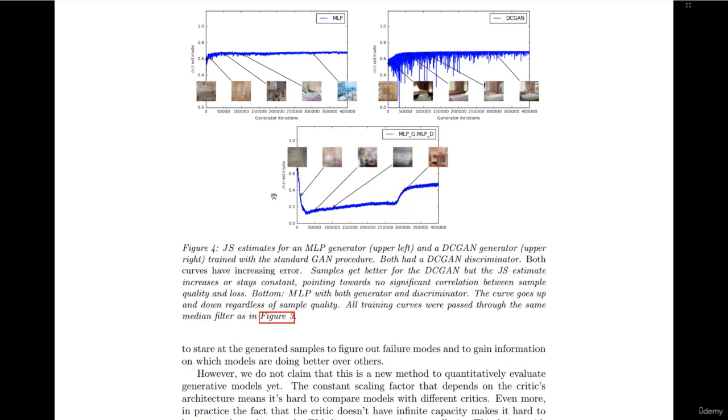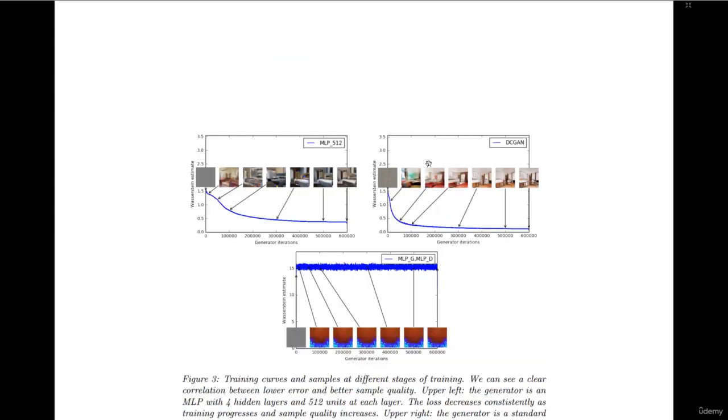So there's no correlation, as you can see. When it's dropping or when it's increasing, it doesn't actually correlate with the image quality, whereas right here there's a great correlation between the loss values we're getting and the image quality.